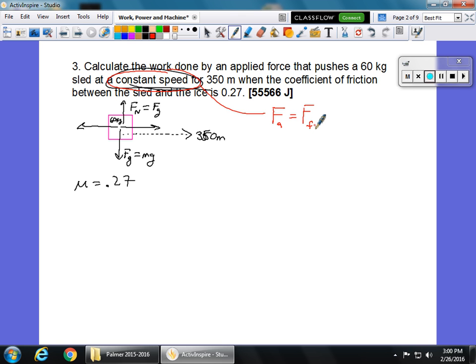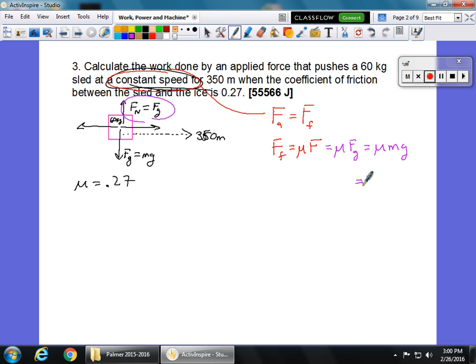They haven't told us what the applied force is, but we can calculate the force of friction because we'll be able to get the normal force, and our force of friction is equal to mu Fn. Because these two are equal, as we said back here, we can also write this as mu Fg, which is equal to mu mg.